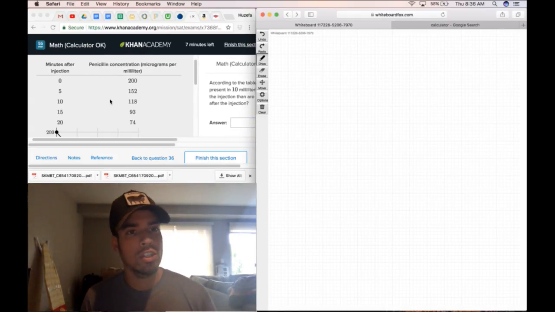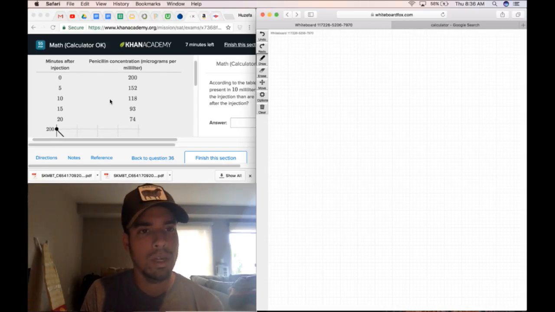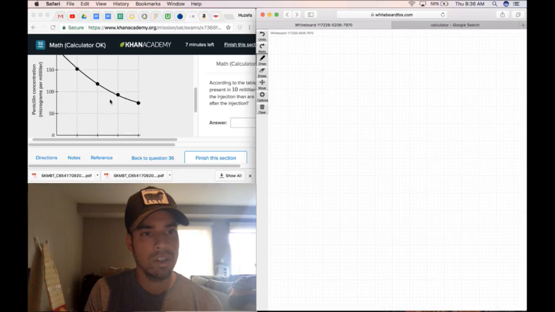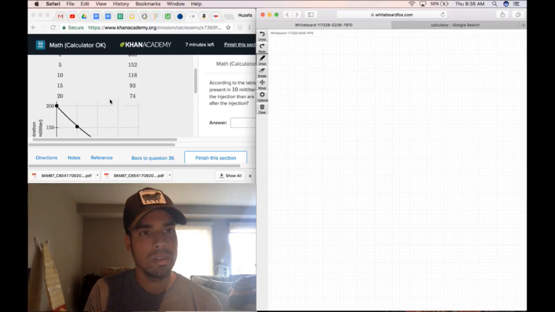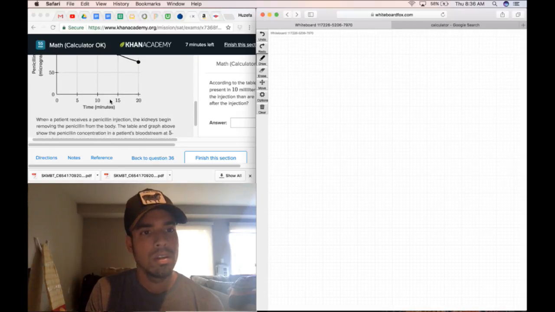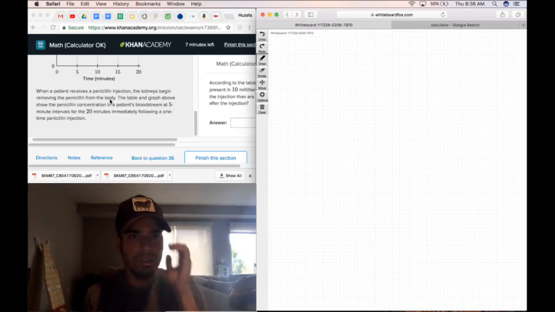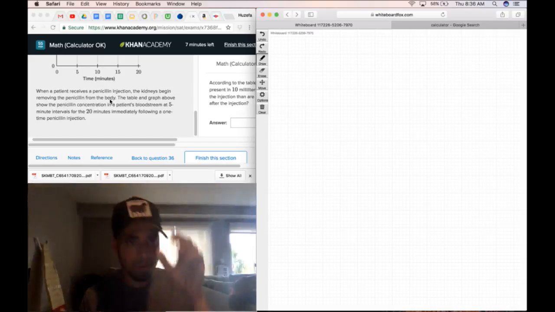All right, minutes after injection, penicillin concentration, micrograms per milliliter. And we got a graph here, penicillin concentration as it drops over time. So the concentration is decreasing in that way. When a patient receives a penicillin injection, the kidneys begin removing the penicillin from the body.